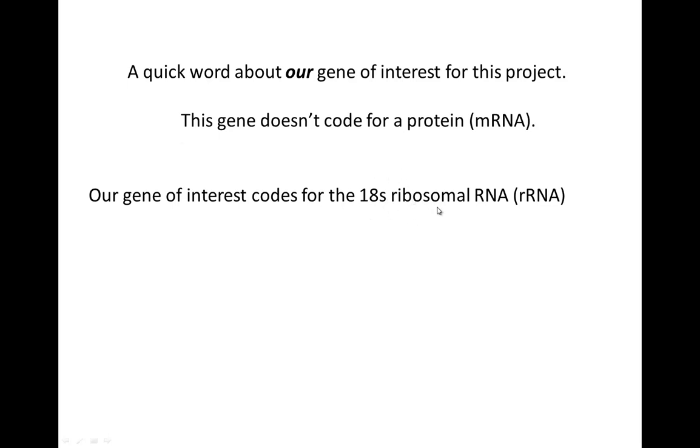It codes for the 18S ribosomal RNA. If you remember, ribosomes are mostly composed of RNA. Not only is the structure RNA, but the enzymatic function of a ribosome, in other words, connecting two amino acids to make a protein, is done by the ribosomal RNA. It's one of the few places where RNA is an enzyme, or an enzyme is made of RNA rather than a protein.